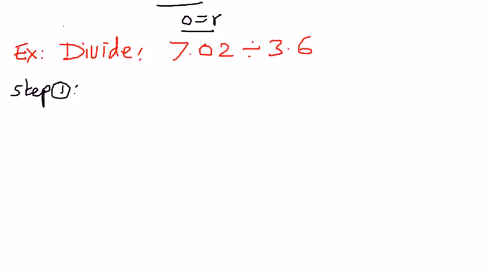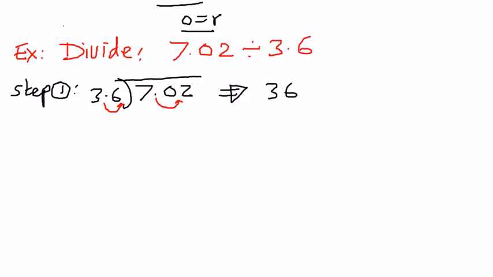So we write 7.02 divided by 3.6. According to our procedure, we're going to multiply these two numbers by 10, and when we do that, we're going to move the decimal place to the right, and therefore 3.6 becomes 36 and 7.02 becomes 70.2.